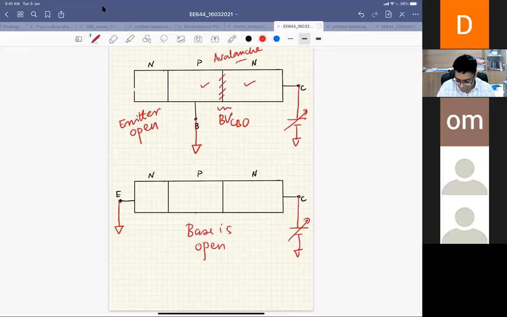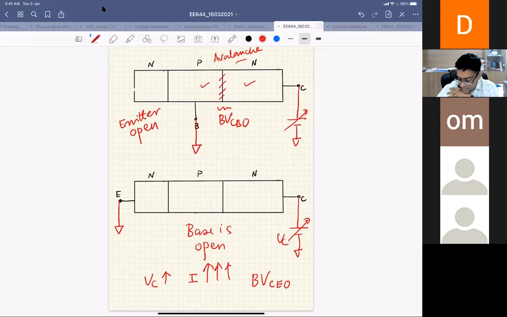So this is my VC. As you go on increasing VC, at some point your current will be very high, right? Since your base is open here, we call it the breakdown voltage between collector and emitter, because you're applying voltage across collector and emitter when the base is open.